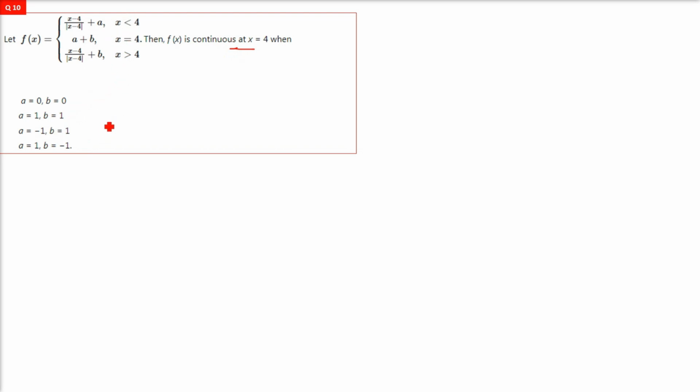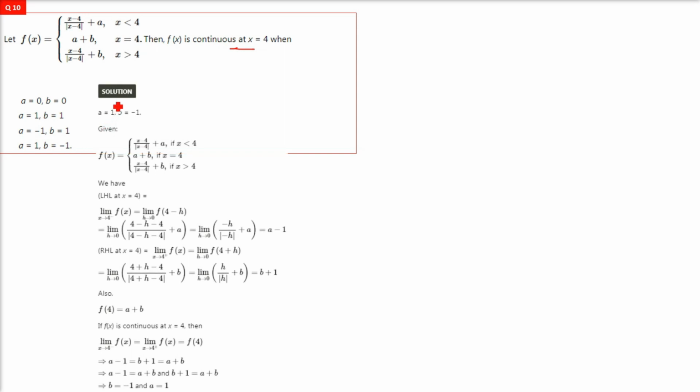This type of question we have done multiple times, but still we will complete it for the sake of completion. Limit x tends to a of f(x) equals f(a), this is continuity. a is 4 here, so limit x tends to 4, f(x) you have to find out, and that has to be equal to f(a), which is a plus b.